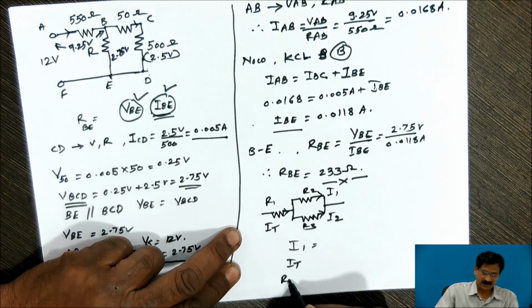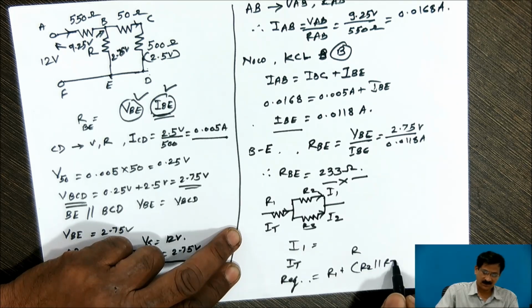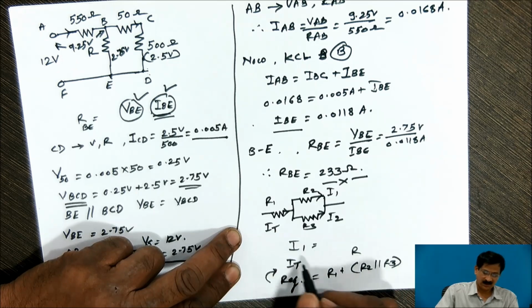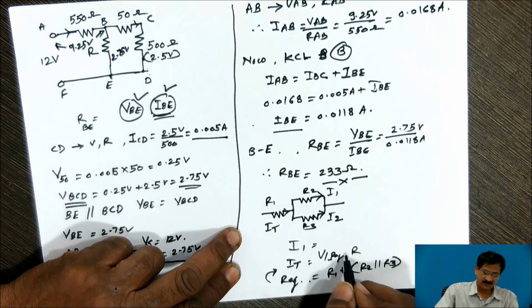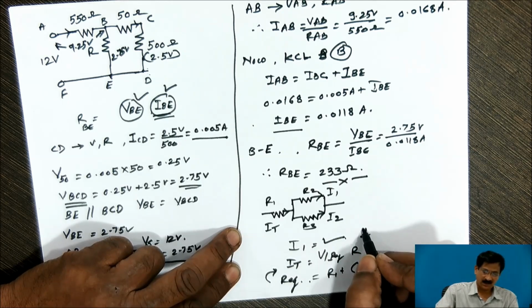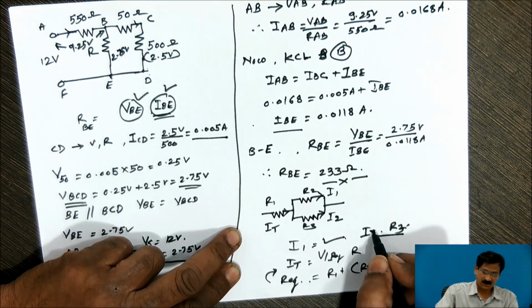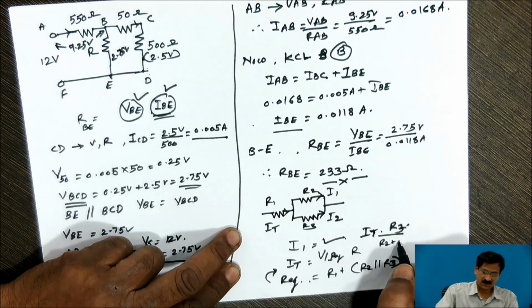Now to find out IT, you must know R equivalent. So first of all, find out R equivalent. It will be R1 plus R2 parallel R3. Then find out IT, that will be equal to total supply voltage upon R equivalent, and then using the current division rule, you can find out I1 as I total into R3 upon R2 plus R3.